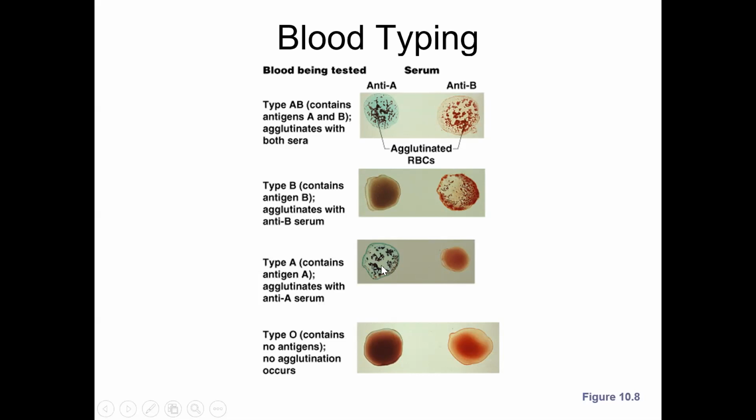Okay, so let's work on this one. The first well is given. You put anti-A antibody serum in here, anti-B antibody serum here, and John's blood in both wells. And then you see clumps only in the first one, not the second one. So what blood type does John have?